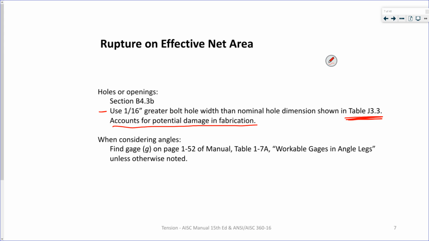So table J3.3, page 16.1-130. I'll give you a sec to get there. Hold on.